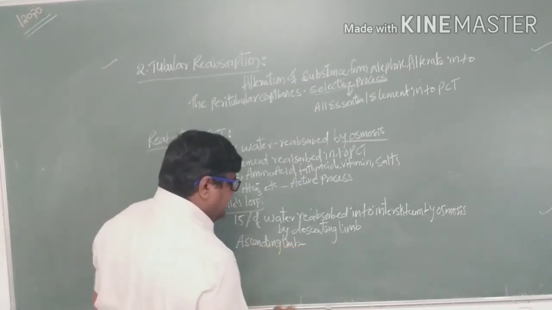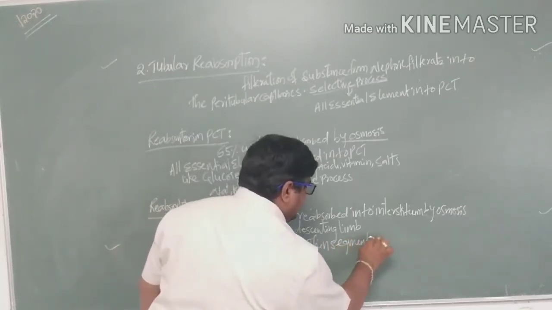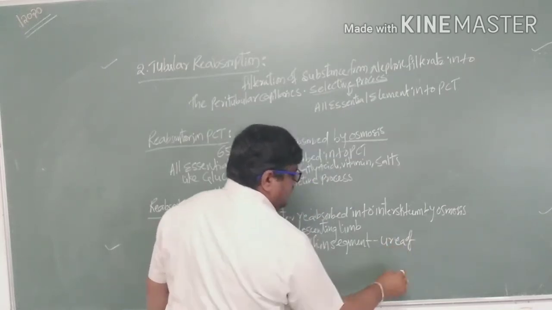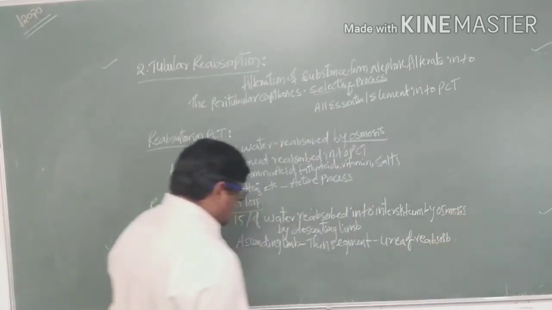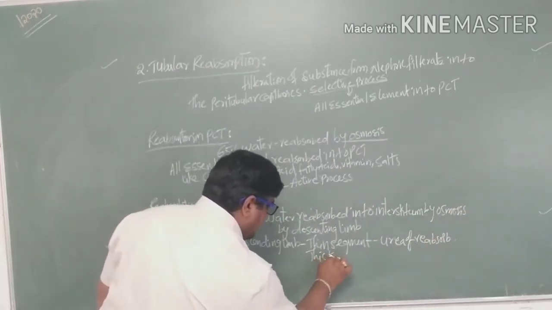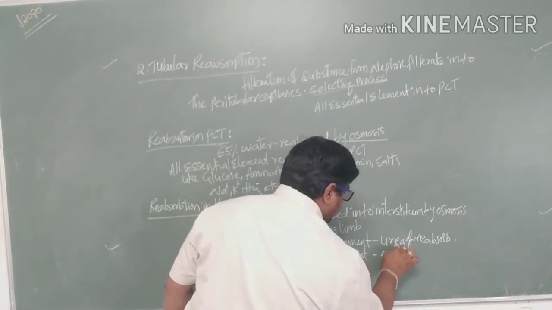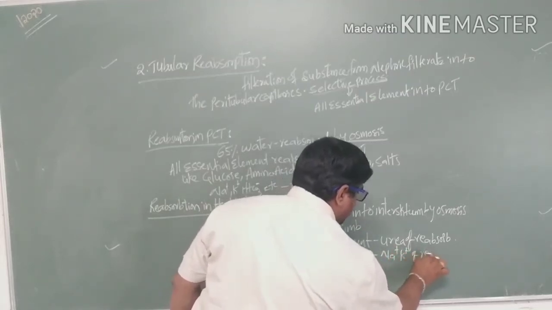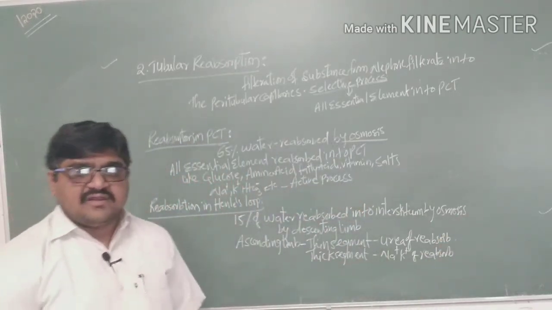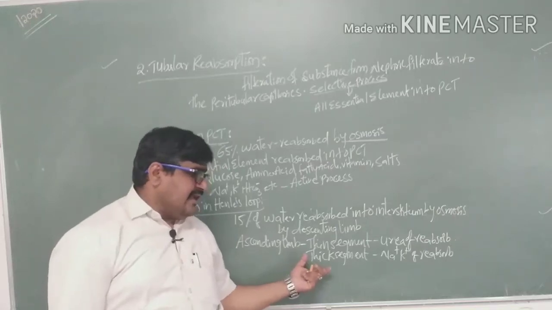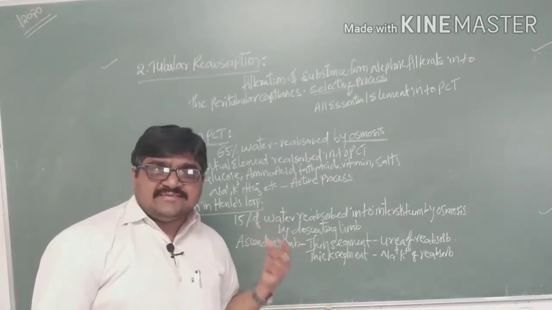Here the thin segment is helpful for reabsorption of urea, and the thick segment is helpful for absorption of sodium and potassium ions, which are reabsorbed into the ascending limb.